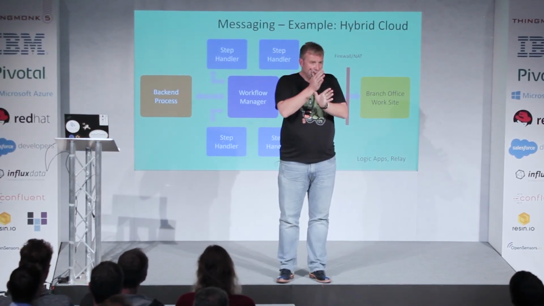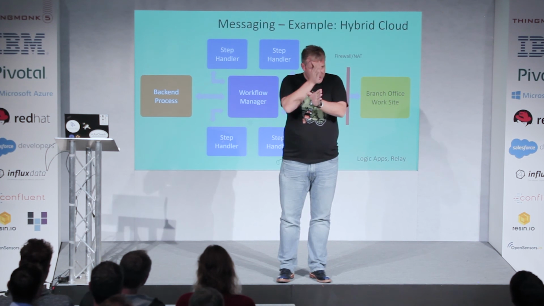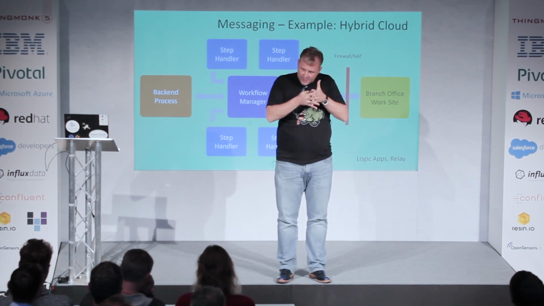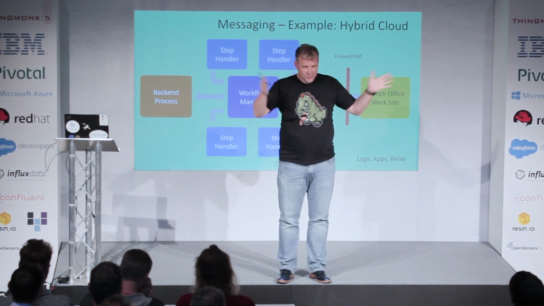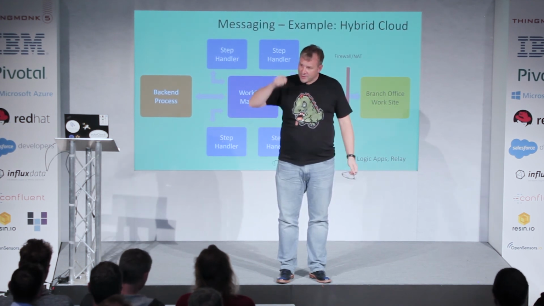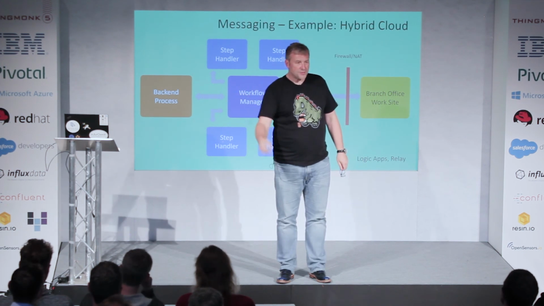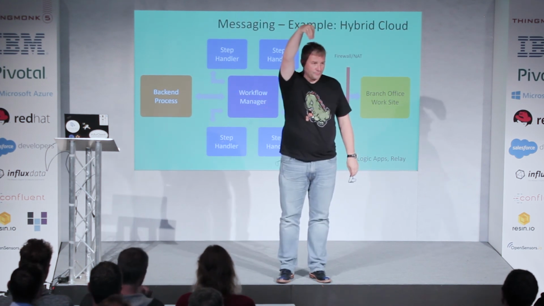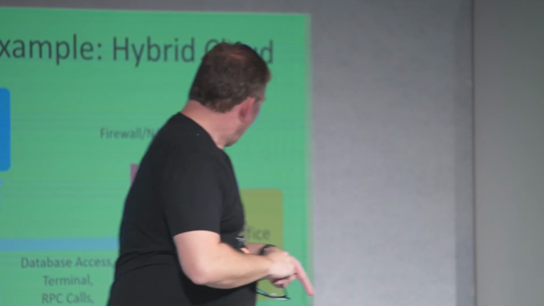It's a very fine-grained, very specific route that he sets up. So you set up a topology of routes. You have specific queues assigned to specific sites. You put a message in there, and that pops up in the queue that's assigned to that site, and the site pulls the data back out.